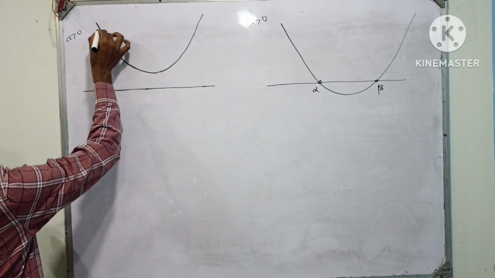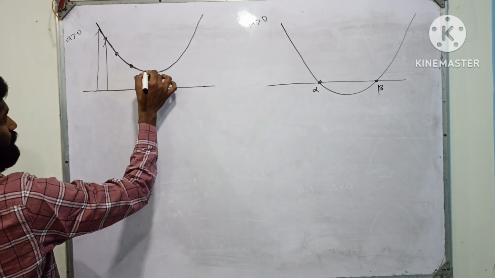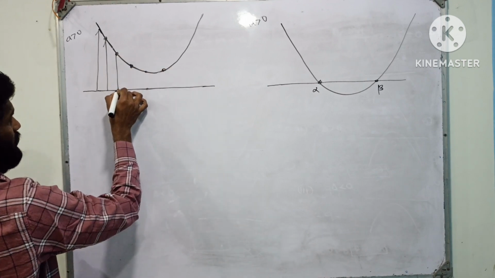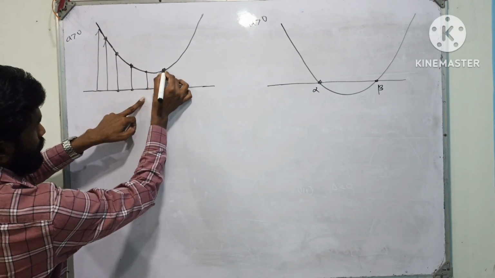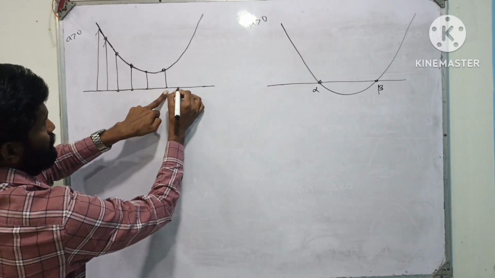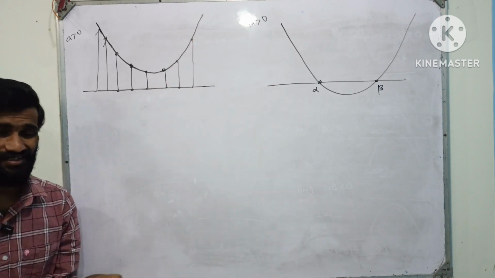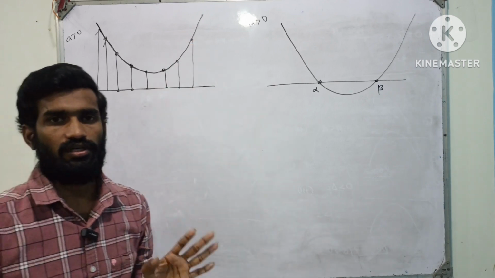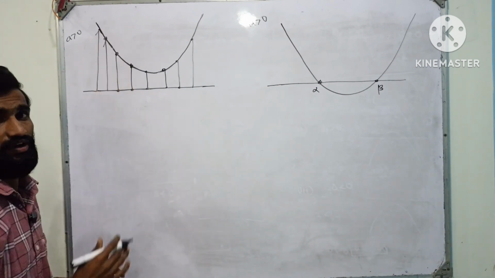At each and every point on the x-axis, you are getting a positive value for the graph.